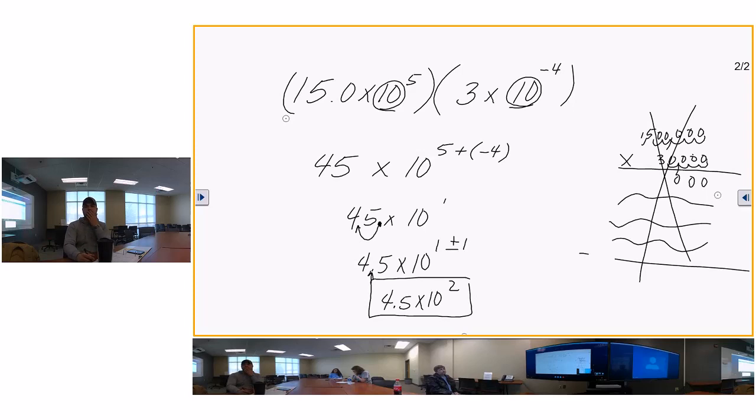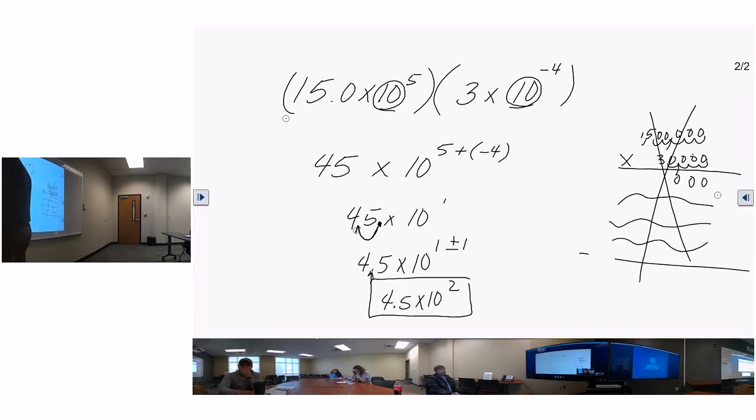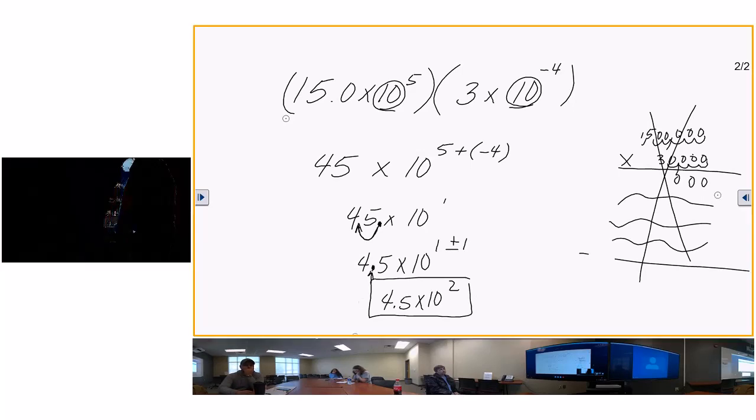Hold on. Say again? Can you go back over that? 4.5 times 10 to the first? I'm sorry. Yeah, I moved it one place. Okay, and there it is. And then I go 1 plus 1. And then which way do I move this decimal in my head to get it back the way it was?